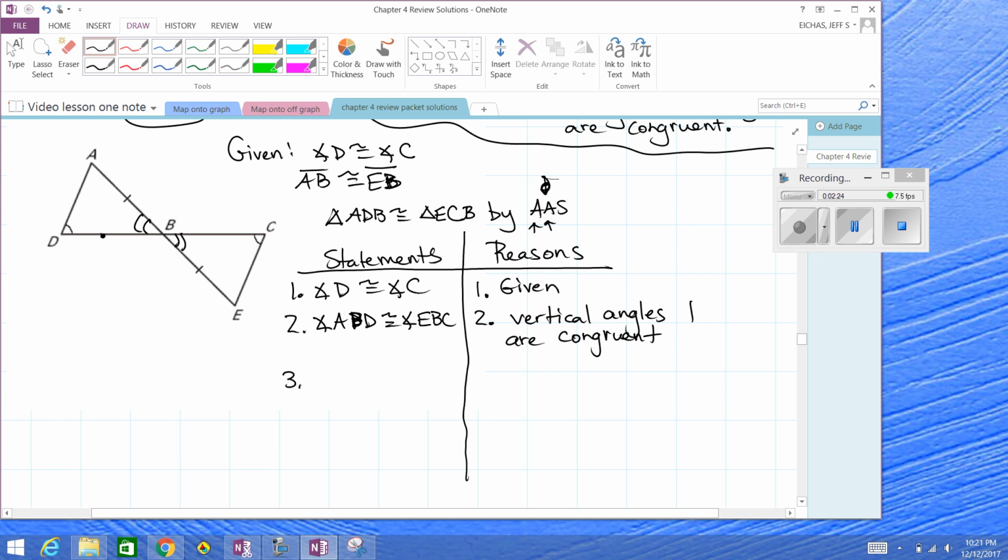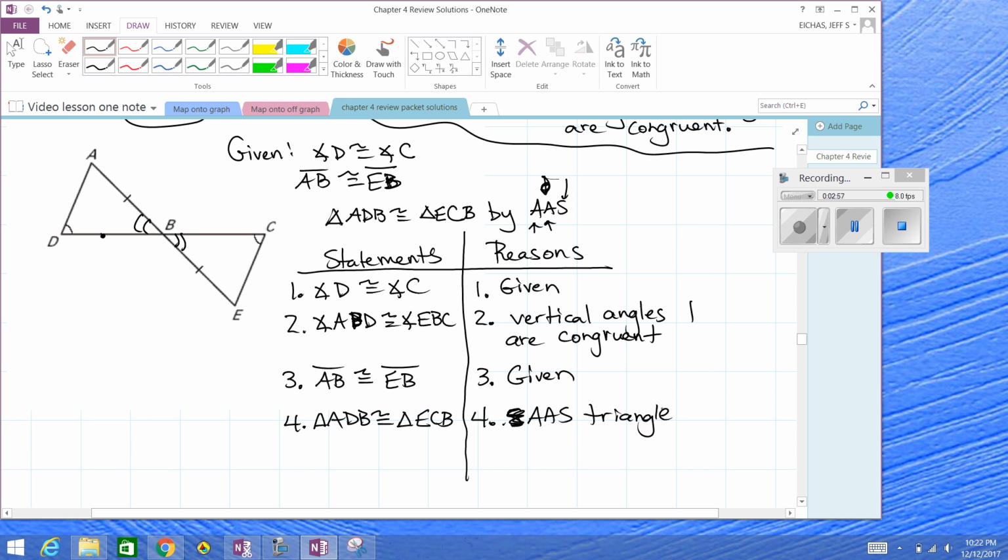Okay. Now we want a pair of sides, because now we're looking at an S, a pair of sides, and it's given. It's marked, so we'll assume it's given. AB is congruent to EB. Okay, and all right, that was given. Now the triangles are congruent by angle, angle, side triangle congruence theorem.